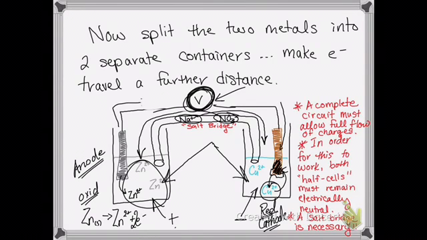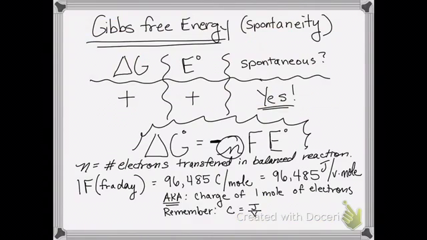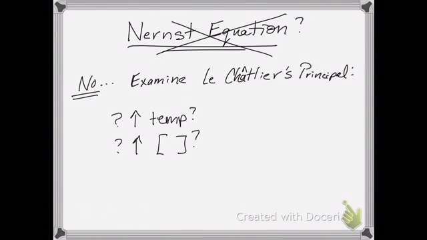Well, yes, and if we adjust that, then this little voltmeter, oh no, it's not going to be quite as active because there's not going to be quite the same amount of flow. So if you reduce any of the concentrations of the ions, you're going to reduce the voltage and slow down the reaction. All right, so Le Chatelier's principle is more important than doing actual calculations on the change in concentration or the change in temperature.